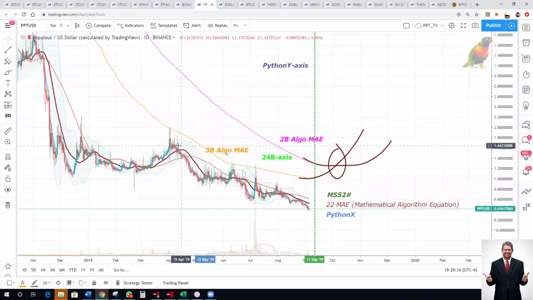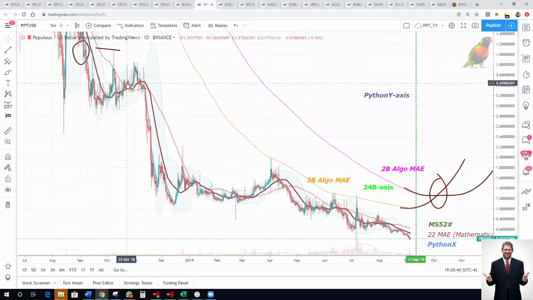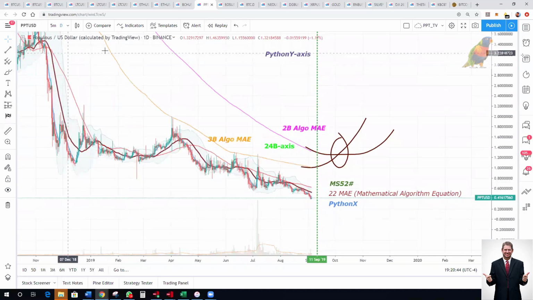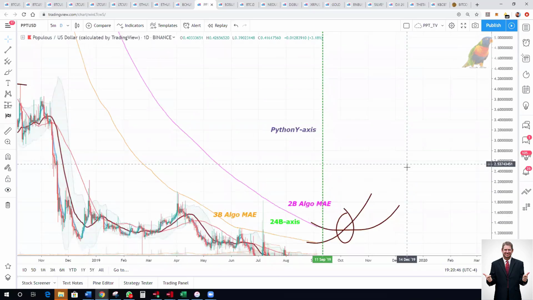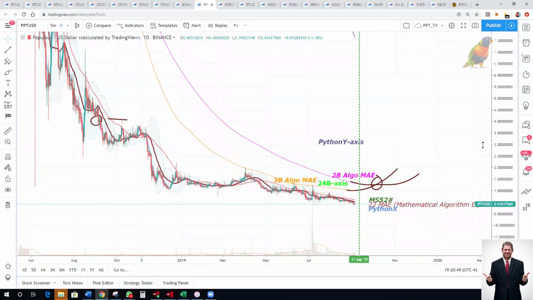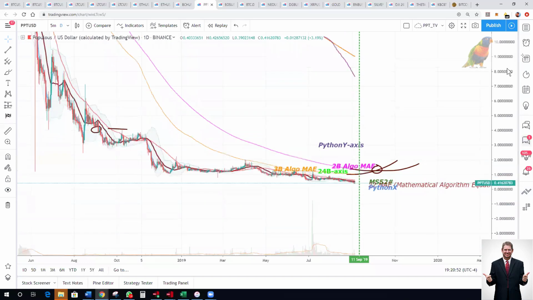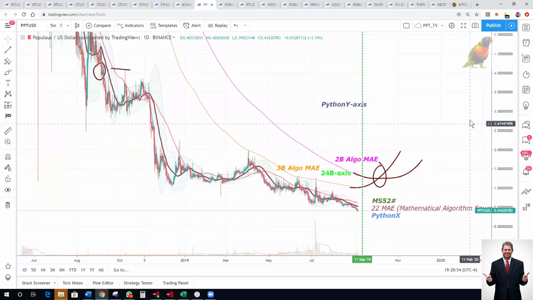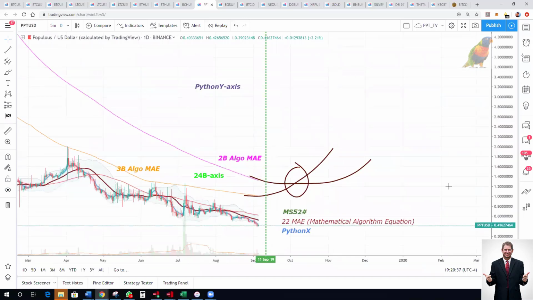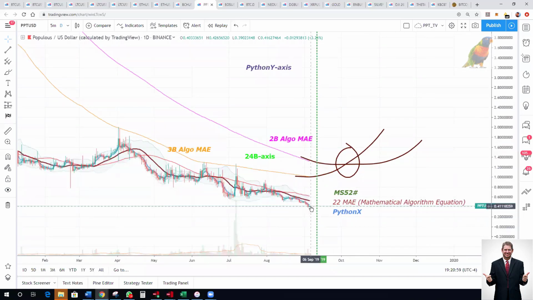Now remember this, I've still got Populous, PPT, which I bought at $5. So I haven't sold that. It's going to go back, guys. It's going to go to $5, $10, $20, $30, and it's going to go back to 100 again. So watch for an entry point in PPT when you see a strong break upwards on the daily.